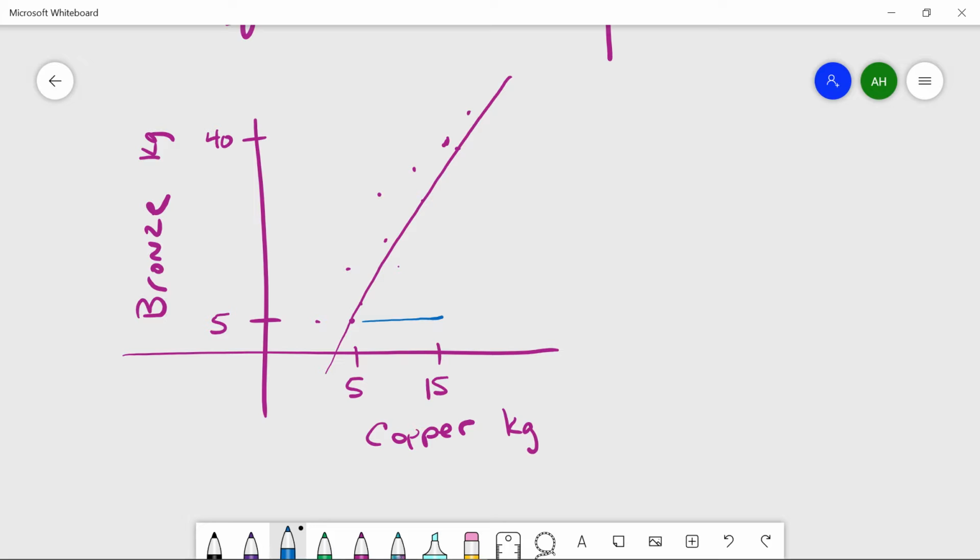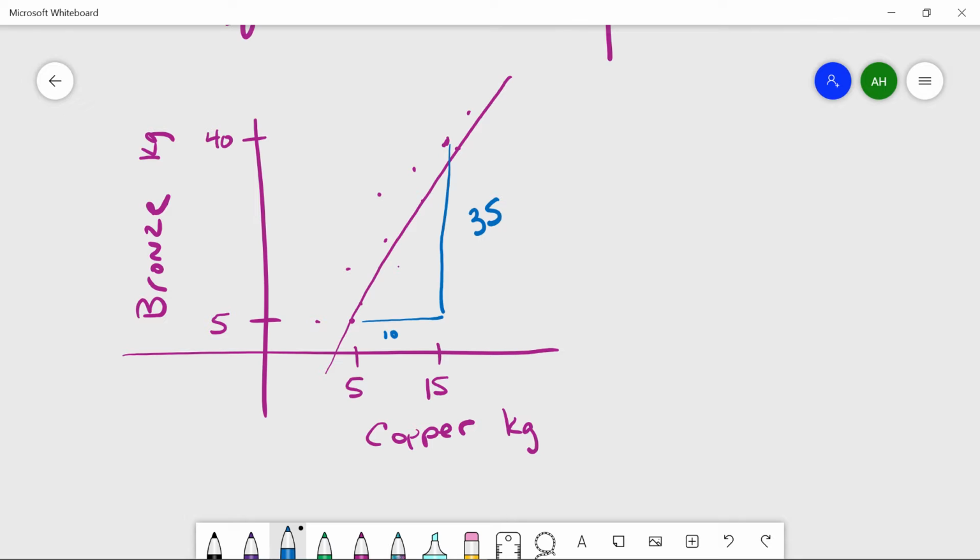I can see this distance over here is 10, to go from 5 units of copper to 15 units of copper. And over here, I go from 5 units of bronze up to 40, so this distance is 35. By the way, you'll often notice that the scale is going to be different on the two sides. It's not necessarily going to be the same.